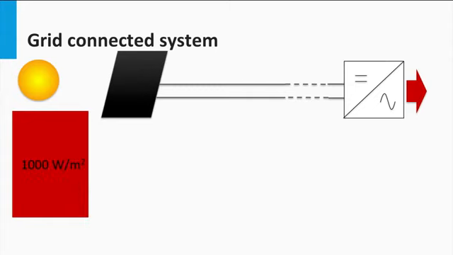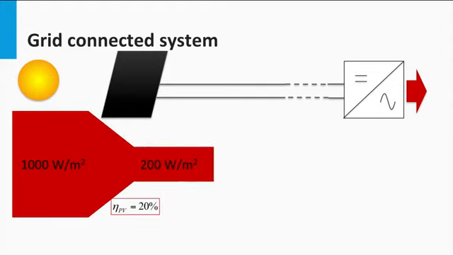Let's assume an AM1.5 irradiance level and that the PV array is 20% efficient. Therefore, the power density present at the output of the PV array is 200 watts per square meter. As the balance of system could be placed at a considerable distance from the PV array, due to the fact that inverters need to be well protected, it might be that the DC power loss in the cables is significant.